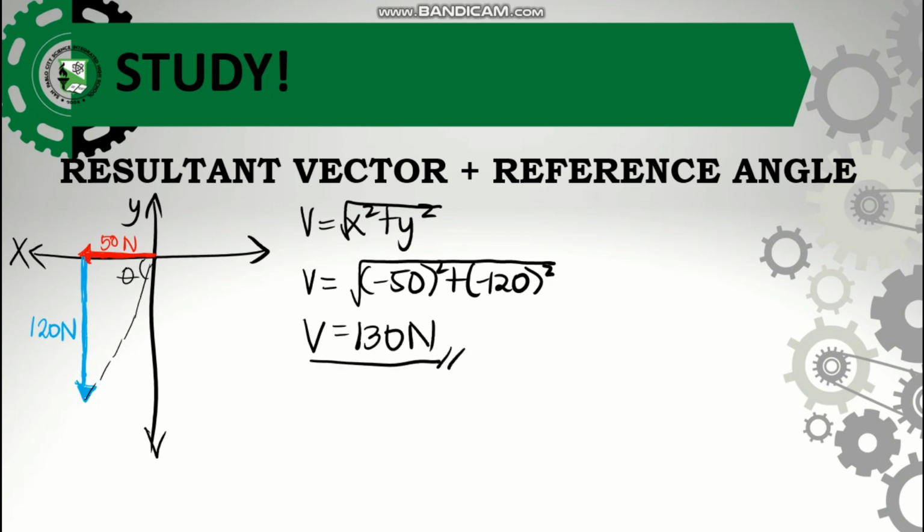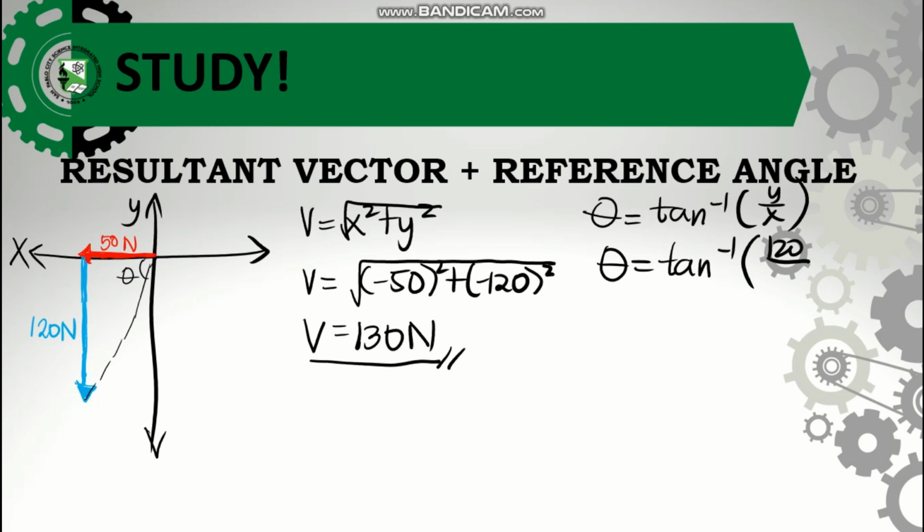Now let's move on to the angle, or the inverse tangent y over x. Tandaan, ang y ay yung 120, which is the vertical one, and the 50 is the horizontal component, which is x. So, inverse tangent 120 over negative 50. Then, both of them are negative. That's why we have a positive angle, which is 67.38.